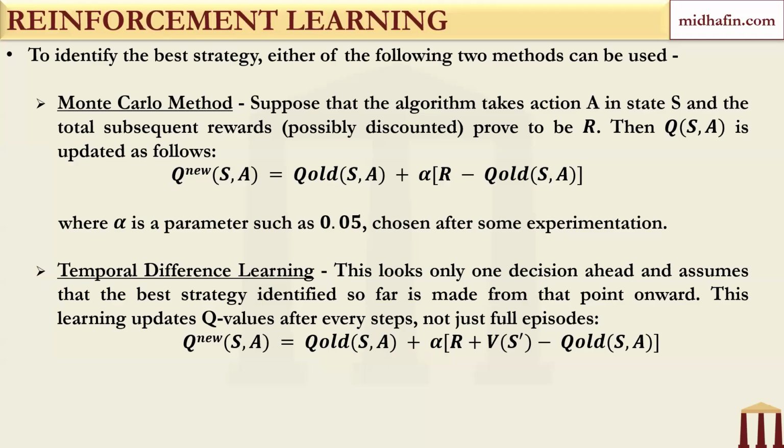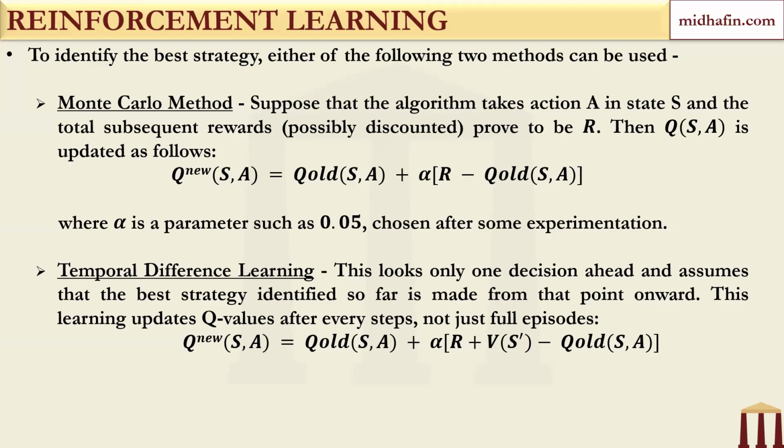So what is the difference? With Monte Carlo, you have to wait for the episode or the game to end. In temporal difference, you don't. You make an estimate straight away using the immediate reward plus the estimated value of the next state, so the total future reward is not known.